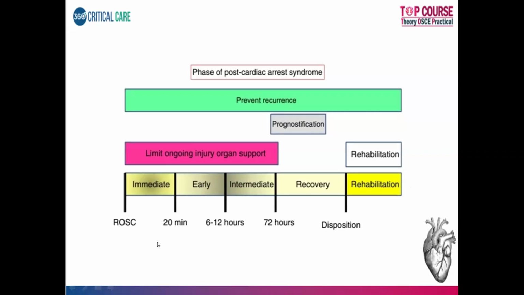So the important thing is from ROSC to 72 hours, where you have to limit the ongoing organ injury and support the organ systems. And post 72 hours is the phase where you actually do the prognostication of the patient. And if the patient recovers, then we have to do proper rehabilitation for these patients.